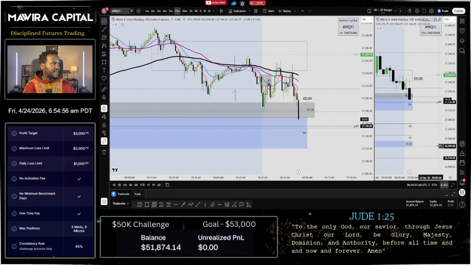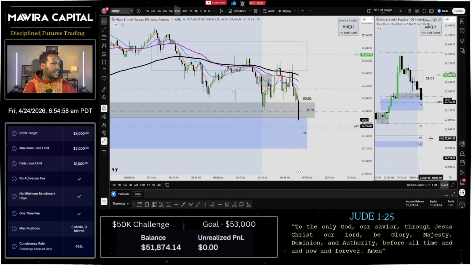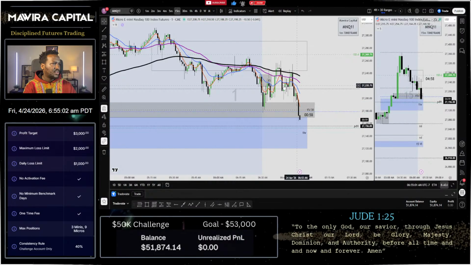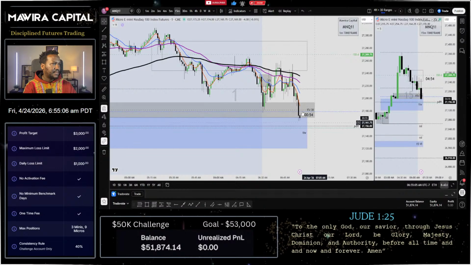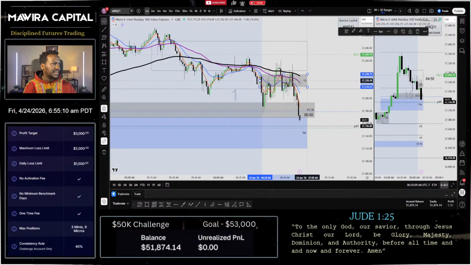Well, let's go to the 15 minutes, and we've traded below the 15 minute real good. This is the kind of formation I want to see below. What was this? 15 minute what?